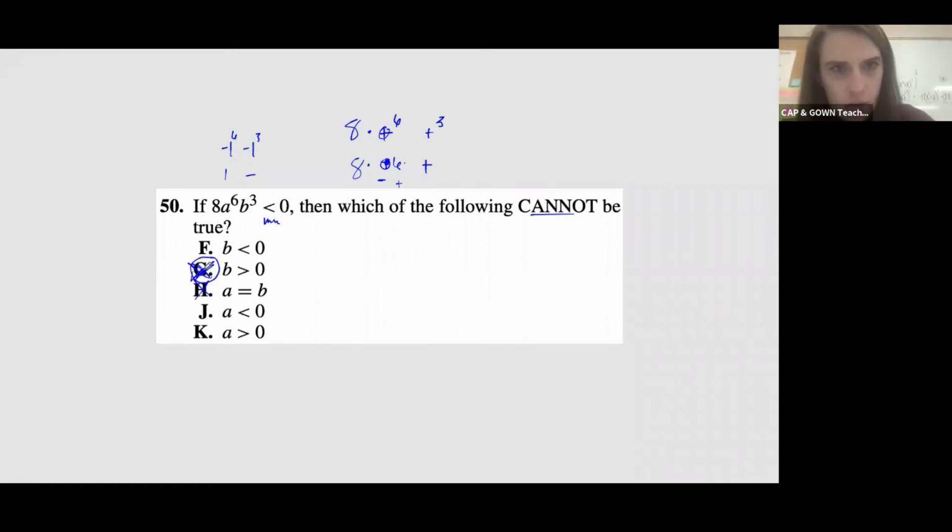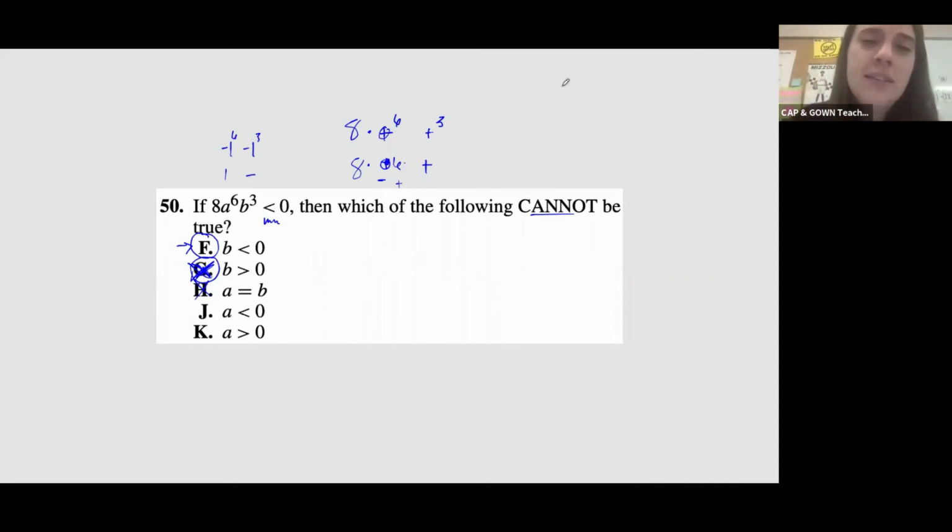My bad. And then last but not least, B is less than 0. This is our answer. Bye Jakeisha, thanks for coming. If B is less than 0, we don't know if that's going to change to a positive.